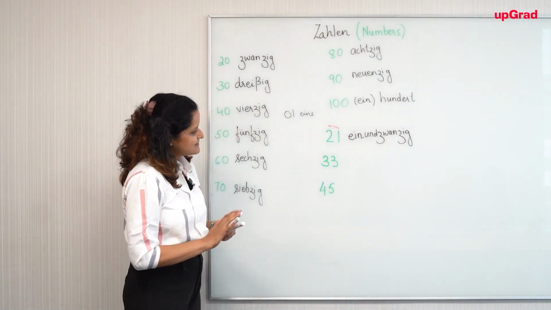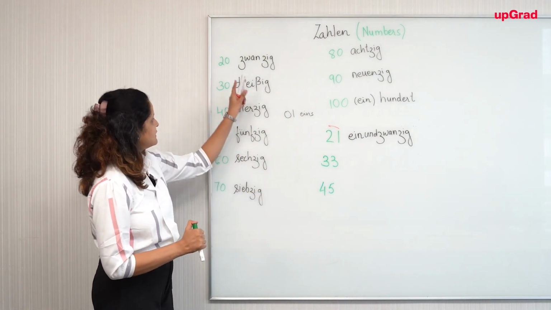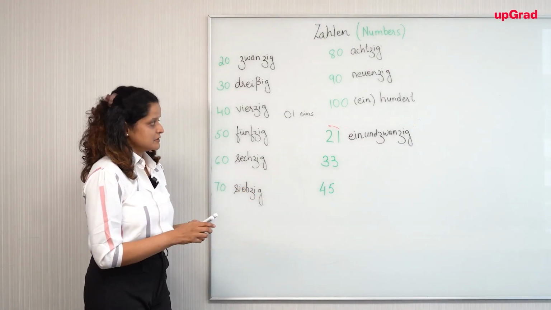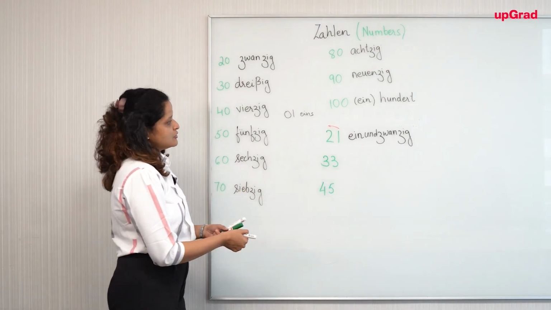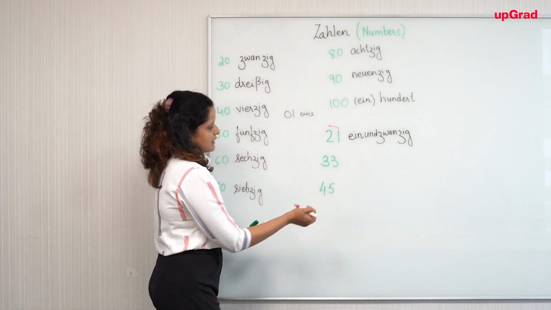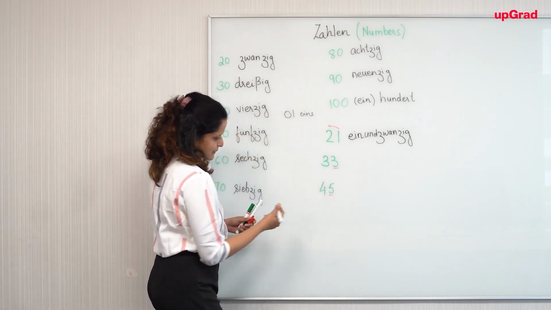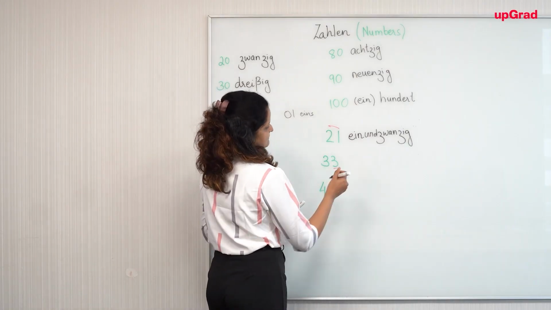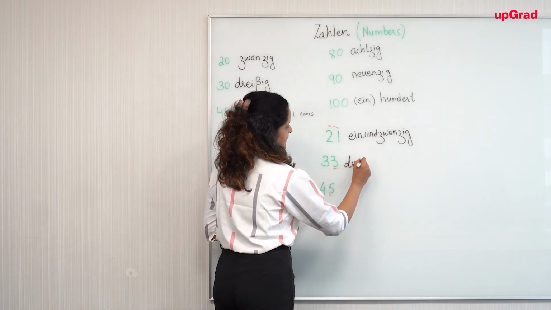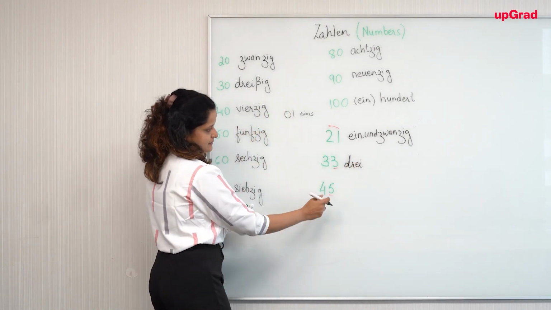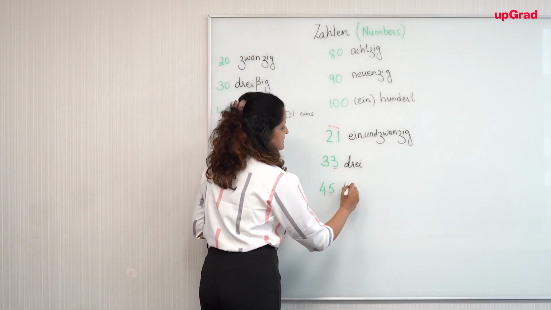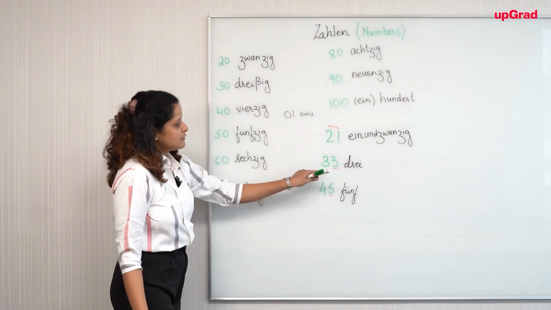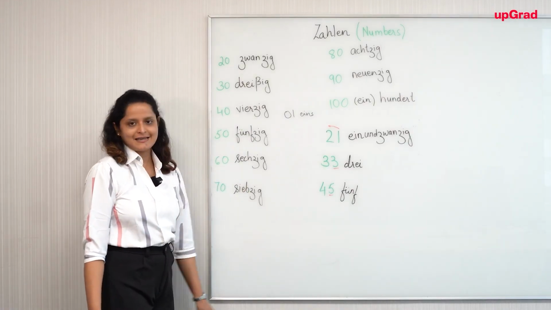Now, if you look at these numbers, these are out of the series of 20 to 30. And yet we will be able to make these numbers in that same pattern. So first, you mark out the units place. In this case, my units place is dry. In this case, the units place is fumes. The next thing you need to do is look at what the tens place is.